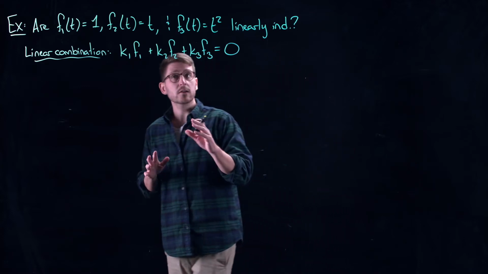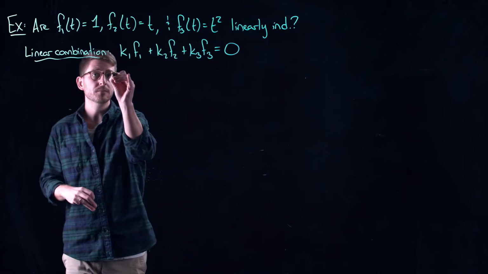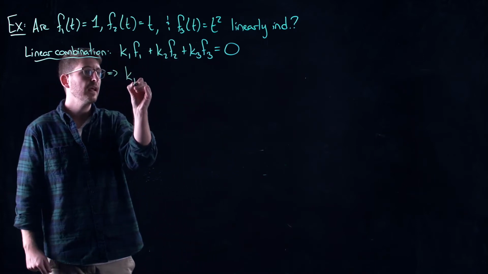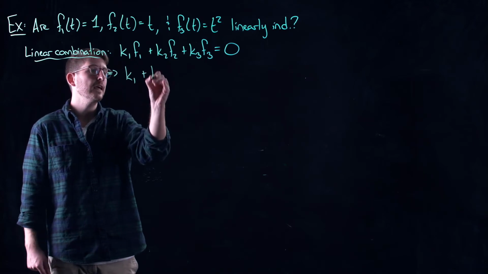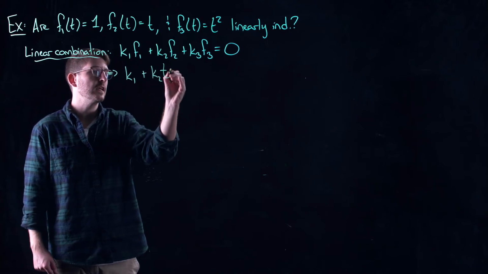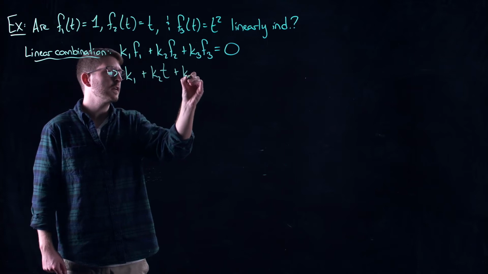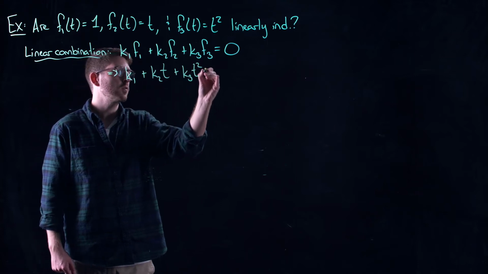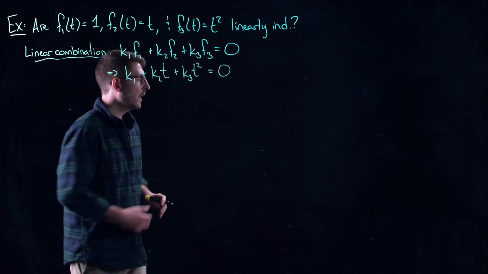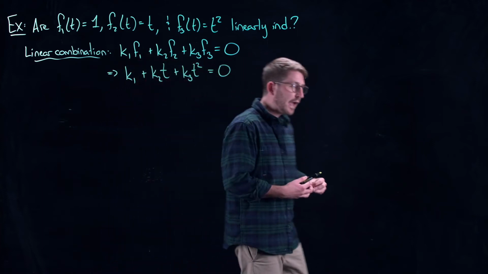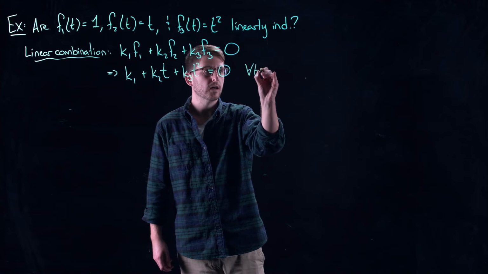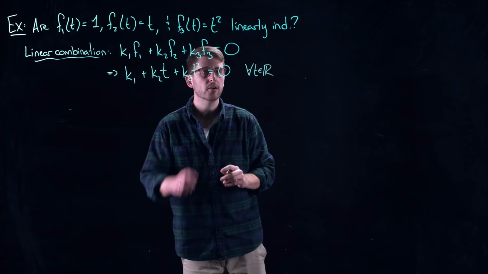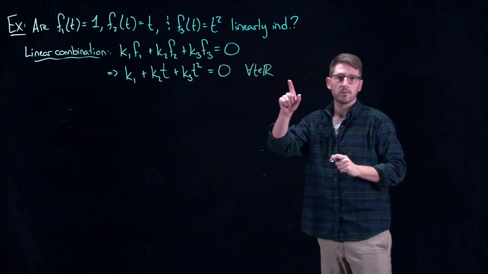So we're going to do exactly the same thing here, except now I get k1 times f1, that's 1, plus k2 times f2, which is t, plus k3 times f3, which is t squared. Now this has to hold for all t. Every single value of t, this has to hold for.